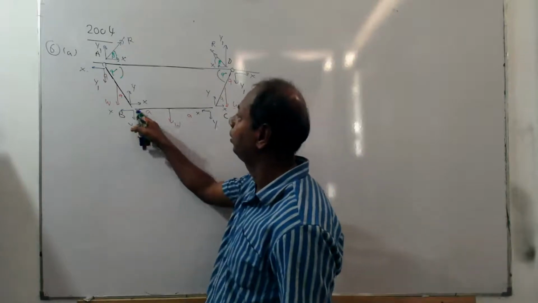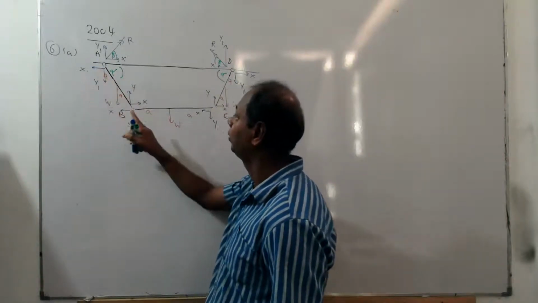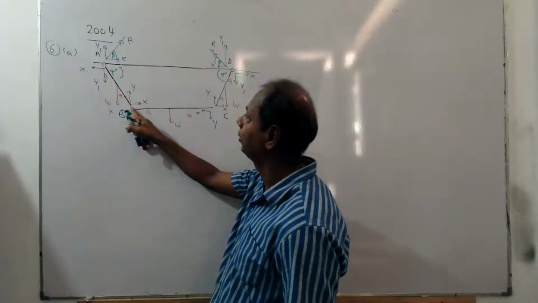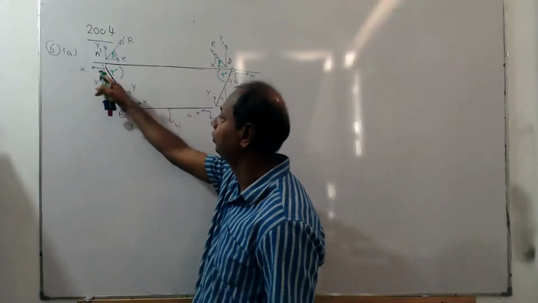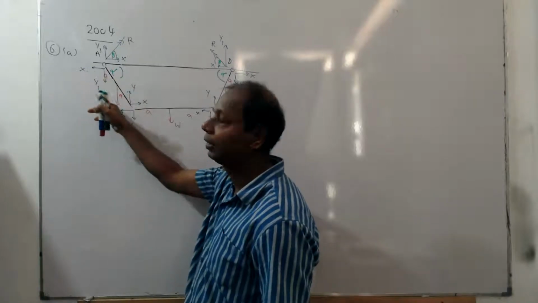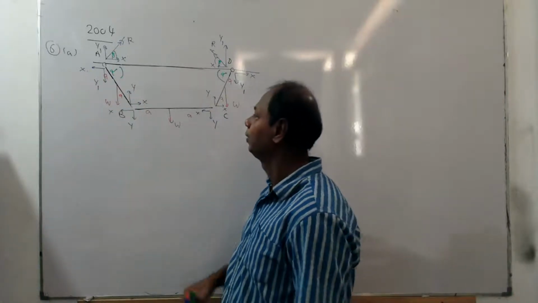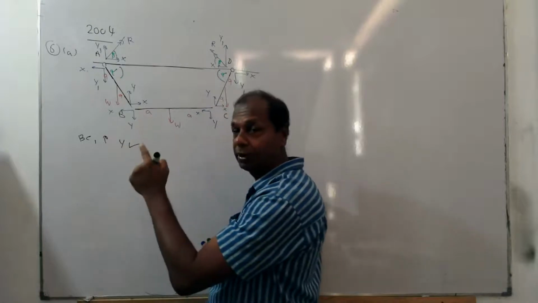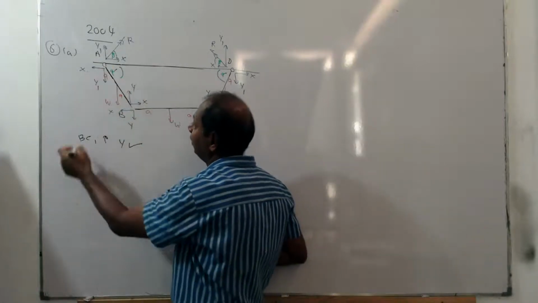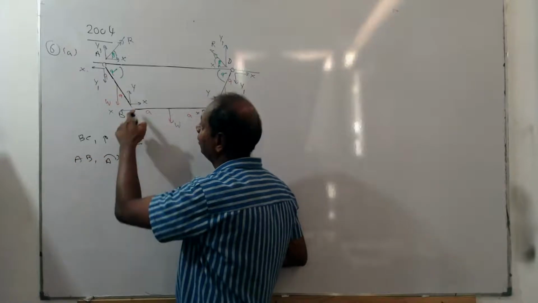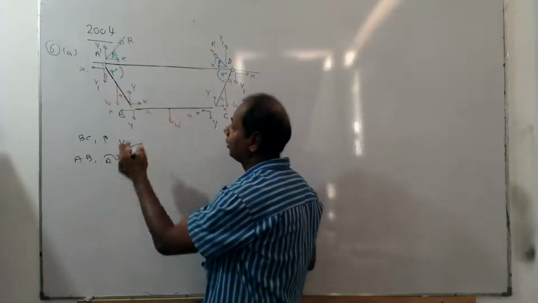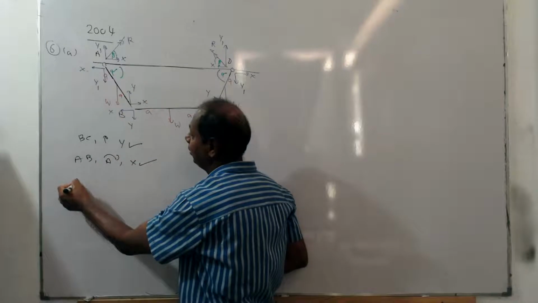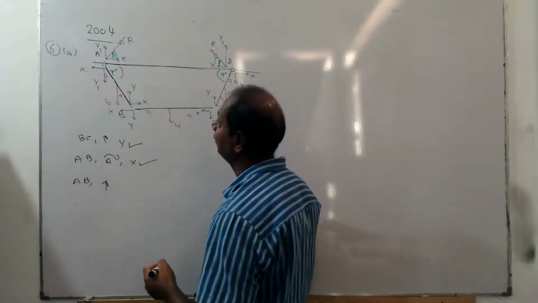Then you can consider AB and take moments about A. Since you know Y by now, you will get X. Now knowing X, consider AB again and resolve vertically.